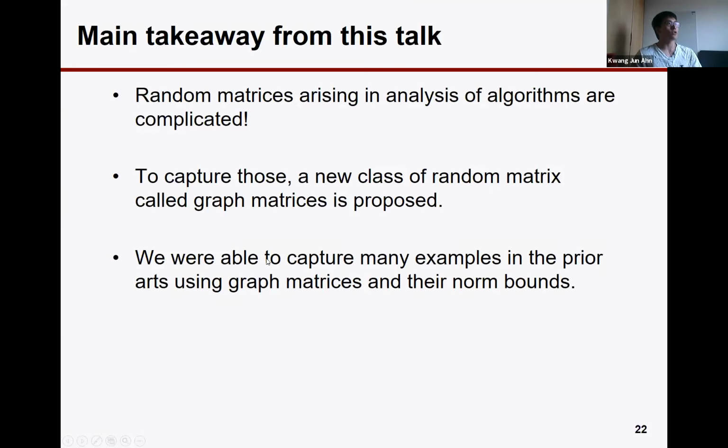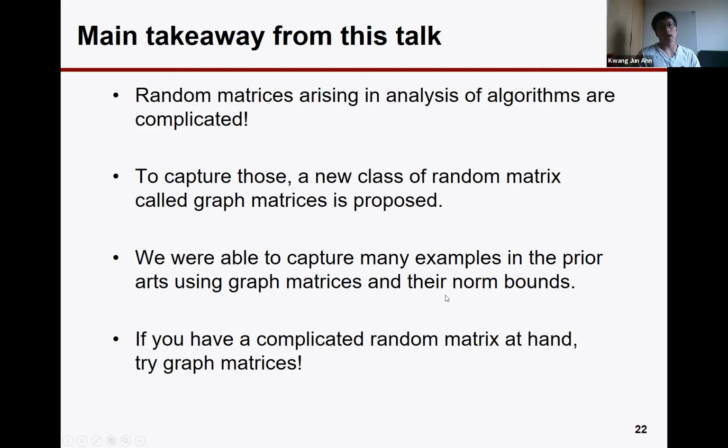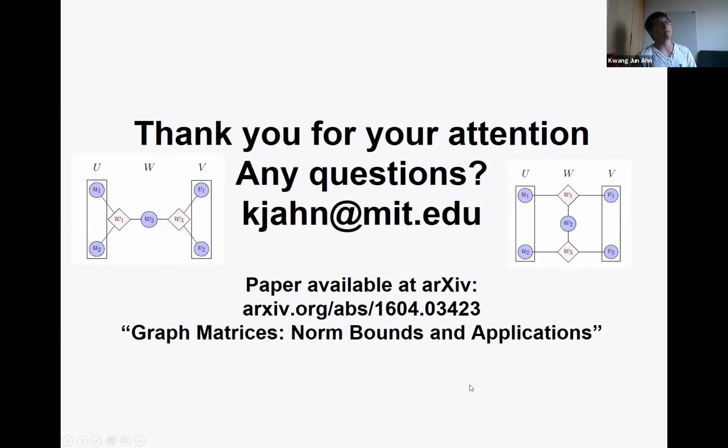And we're able to capture many examples in the prior art, and even the very classical example of the analysis of PCA turns out to be one application of graph matrices. So my personal recommendation is, if you have a complicated random matrix at hand while you're tackling some research problem, try using graph matrices.